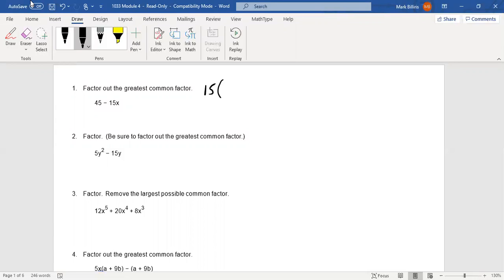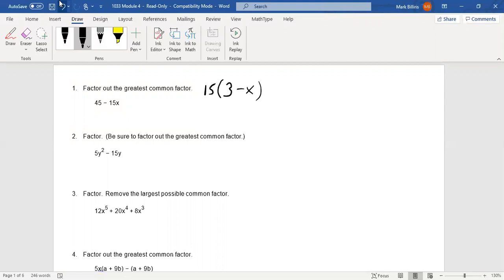Next, we'll divide each term by the greatest common factor. So we'll start with 45, and 45 divided by 15 is 3. Next, we'll divide negative 15x by 15, and that gives us negative 1x, or just negative x.